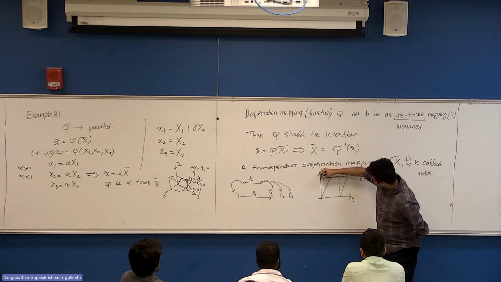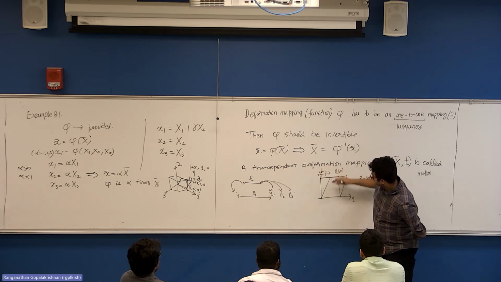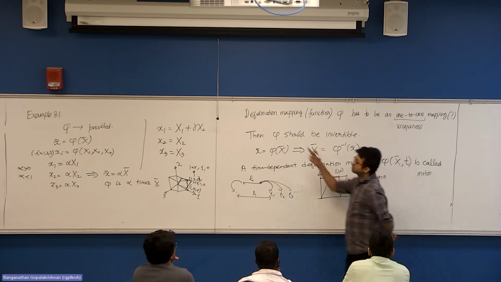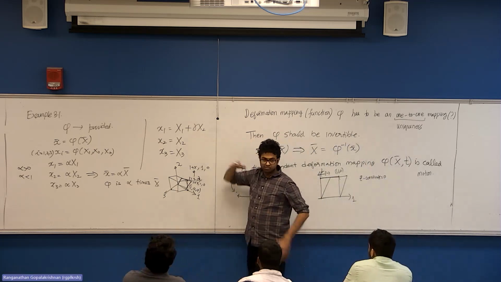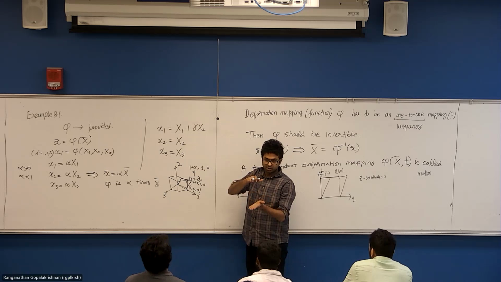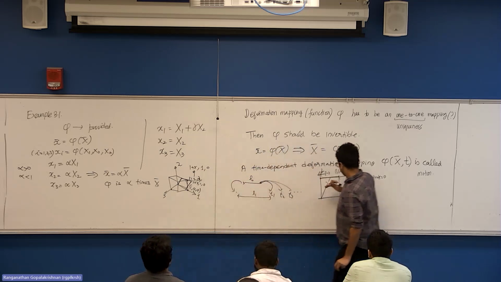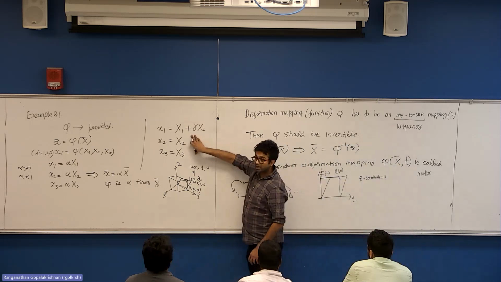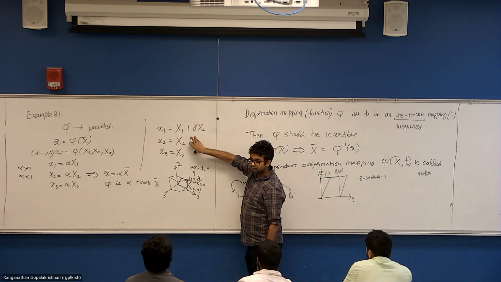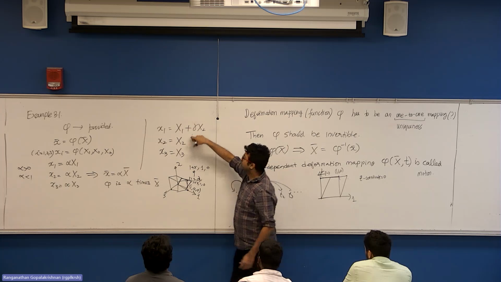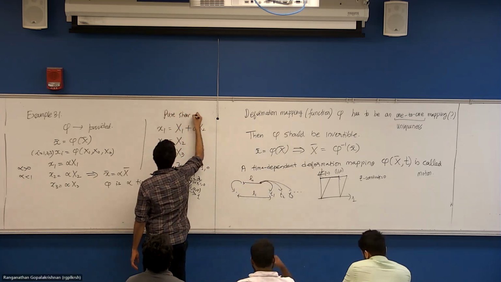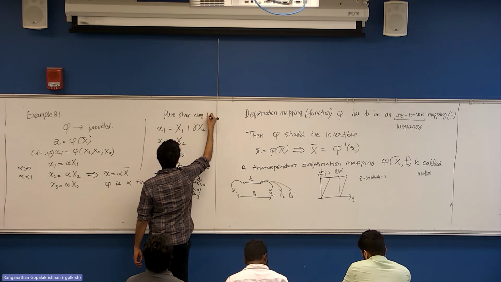Every point, including this point, is going to be shifted to the right by gamma units. So this is a statement of shear: shear deformation along axis 1, whereas the other dimensions are all staying put. Okay, so this is pure shear along 1.